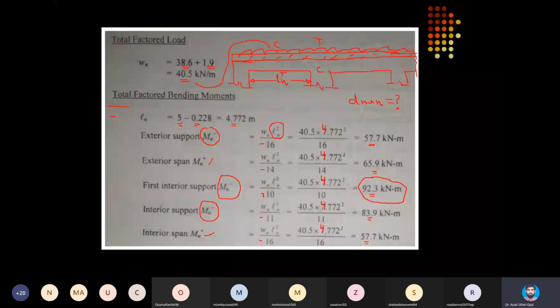So when tension is at the top, the cross section, whatsoever its shape is, will be ignored because concrete contribution is negligible in tension.